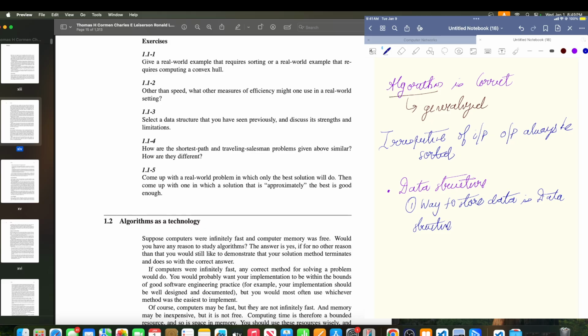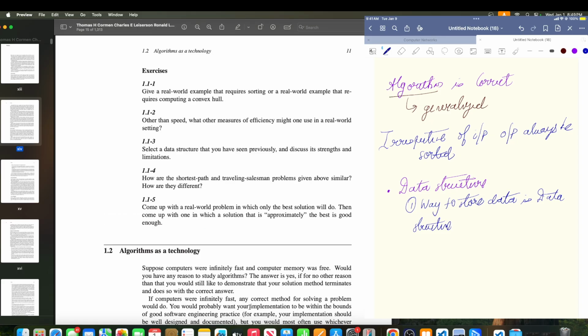Other than speed, what other measures of efficiency are there? What might be a real-world example that requires sorting? One can be your message folder or your image folder. What other measures of efficiency might one use in a real-world setting? Other than speed, memory utilization: how much memory has been consumed?